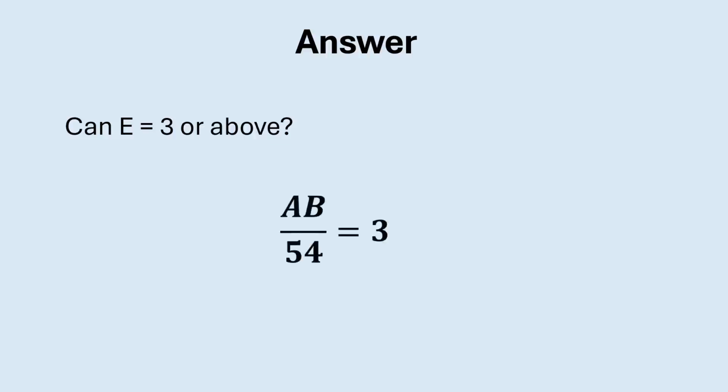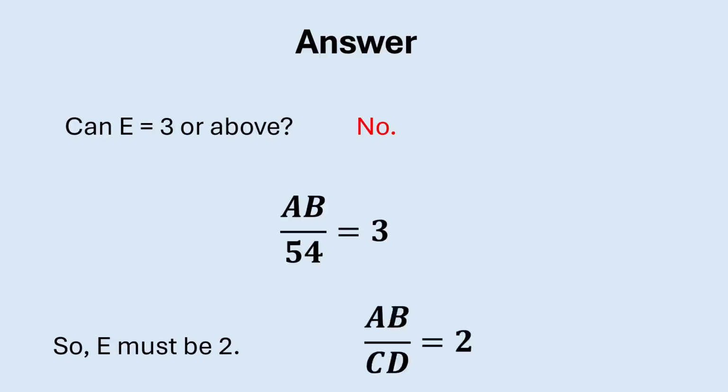So here, if E is equal to 3, and we give the smallest possible values for C and D, which are 5 and 4, so 3 times 54 is a 3-digit number, which cannot be AB. So that means it is not possible for E to take the value 3 or above, or in other words, it has to be equal to 2.